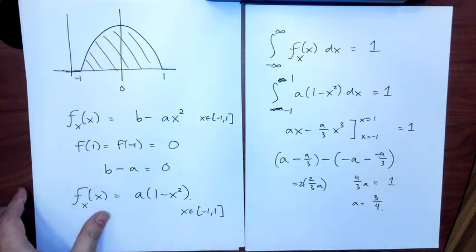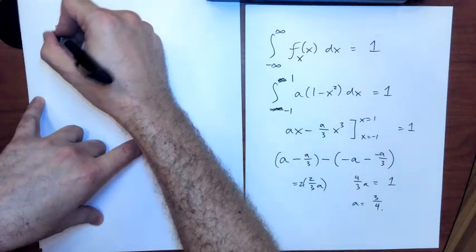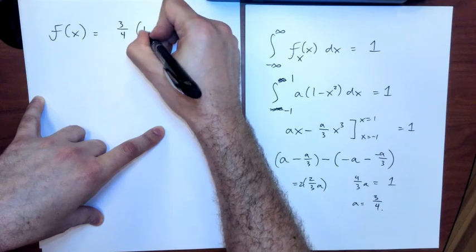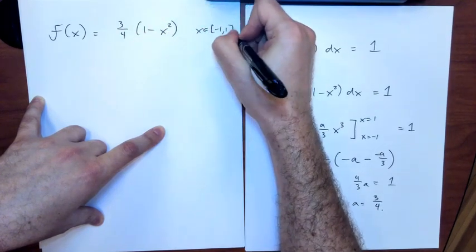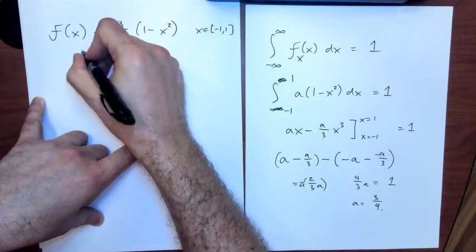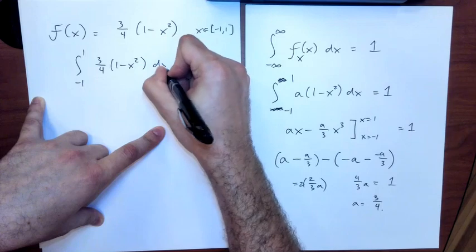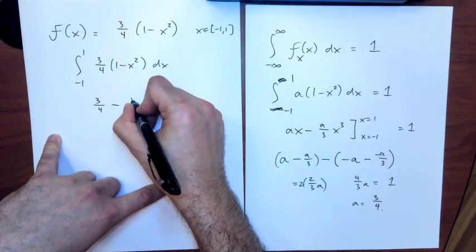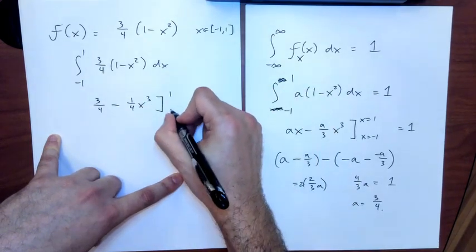Let me just double check that for sanity, right? So this is like saying that my PDF is 3/4 (1 minus x squared) between minus 1 and 1. Does that work? Let me just do the integral again. So I get 3/4 x minus 1/4 x cubed, and that's between minus 1 and 1.